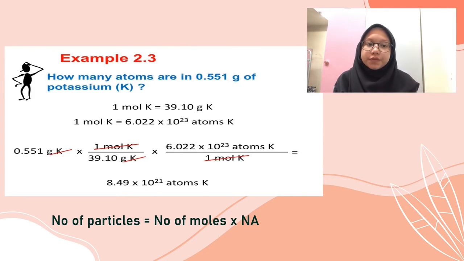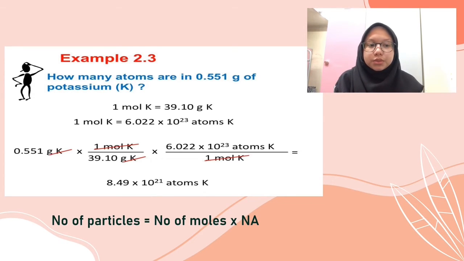The first step is 1 mole of potassium equals 39.10 gram of potassium. 1 mole of potassium equals 6.022 times 10 to the power of 23 atoms, which is Avogadro's number.